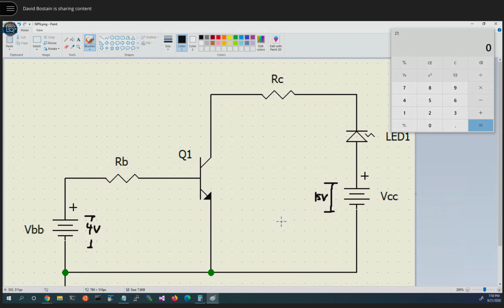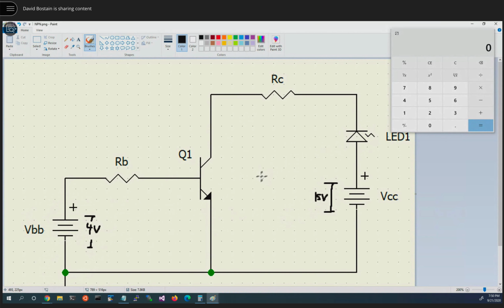Now your mission is to, when this battery is producing 4 volts, have this LED turned on. And when this battery is replaced with a value of 0 volts, make sure it's off.